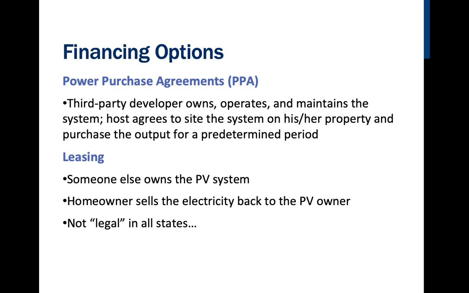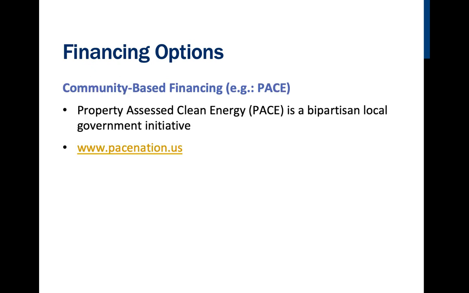Or the utility, you the homeowner install the system and you sell electricity to some other entity and they resell it. So there are stuff like that out there, but it depends on the state, and I'm going to find that information out in DSIREUSA.org.